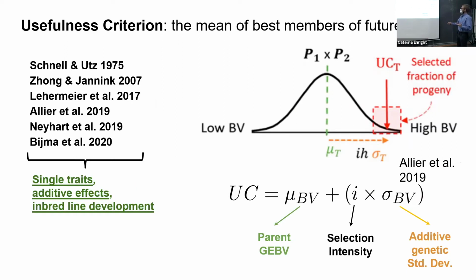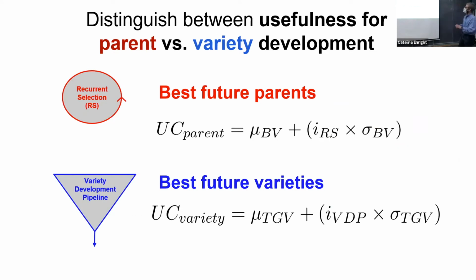So parameters in addition to the mean that you need are, for breeding values, the additive genetic variance or standard deviation, and you also need to have some sense of the selection intensity. And so now in assessing a cross, we're not just interested in the mean, we're interested in how variable its progeny are, right? So there's some quantitative genetics to figuring that out.